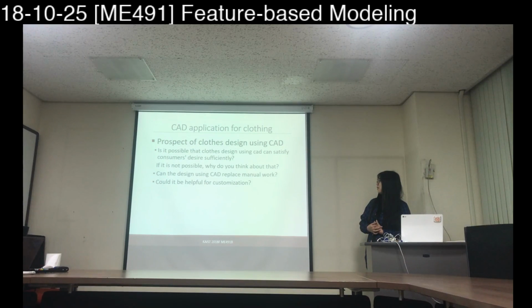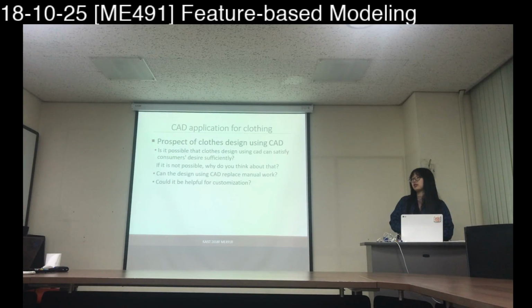So actually, my third question is, could it be helpful for customization? Yeah, it has a big scope for customization. As the professor said, if we can combine the scan of the body, then we are sure. But how will you produce the customized product?